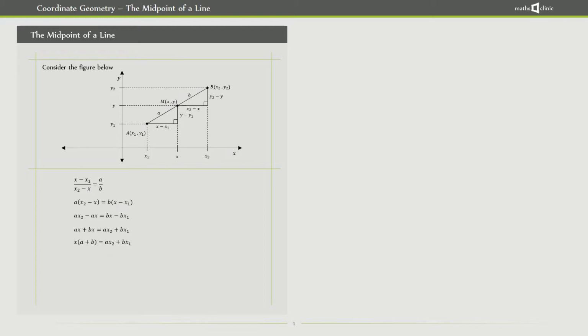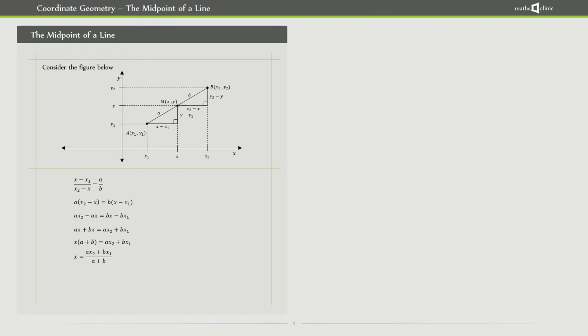Then I can factorize what I have on the left: x multiplying a plus b equals ax2 plus bx1. Then I can divide both sides by a plus b, and what I have in the end is x equals ax2 plus bx1 over a plus b.